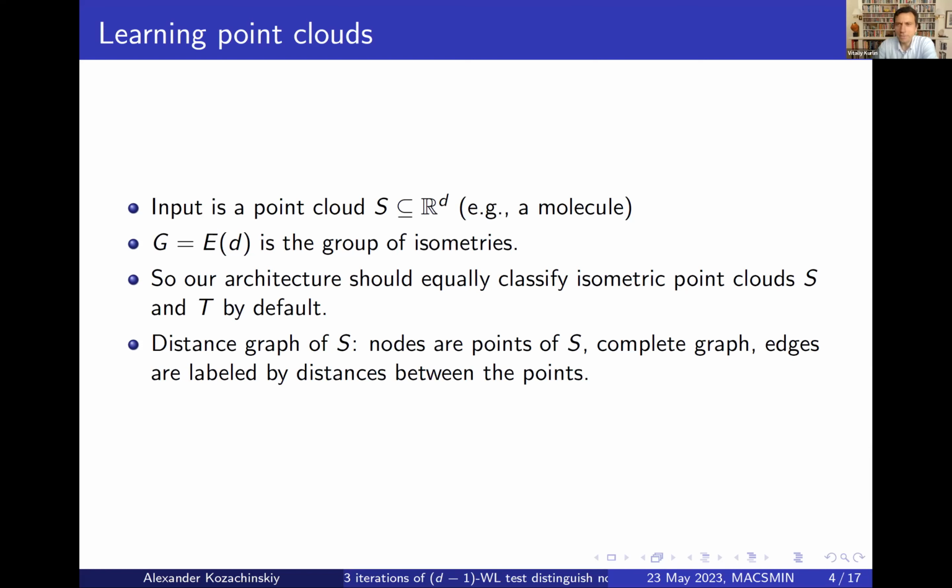Alexander: Is it in the case of labeled or indexed points? Well, now we don't have any labels of points. So if I have two point clouds S and T, there is no order on them. So I just have to map one into another, like in the case of graphs, so that pairwise distances are preserved.